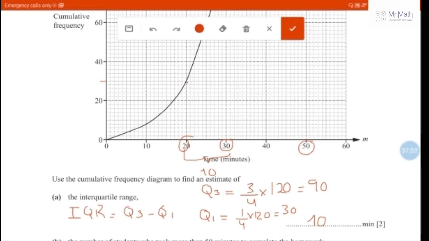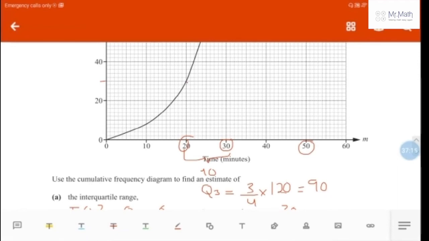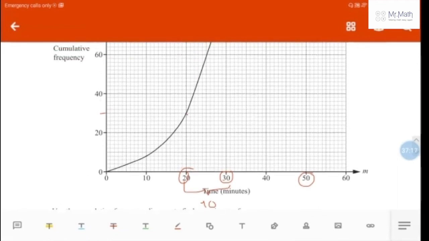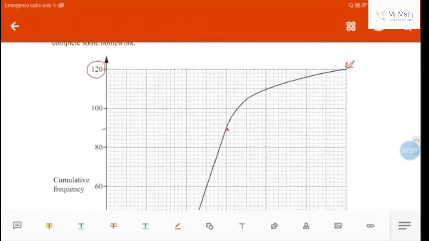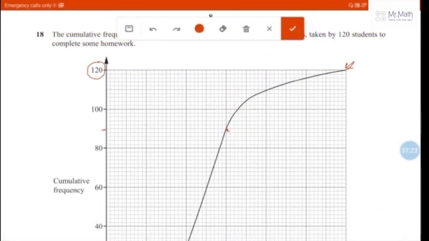So to find the number of students who took more than 50 minutes, I have to consider the area that is to the right of 50. So here at 50 I will go up and take a reading. So it is over this point over here, and that point is 116.